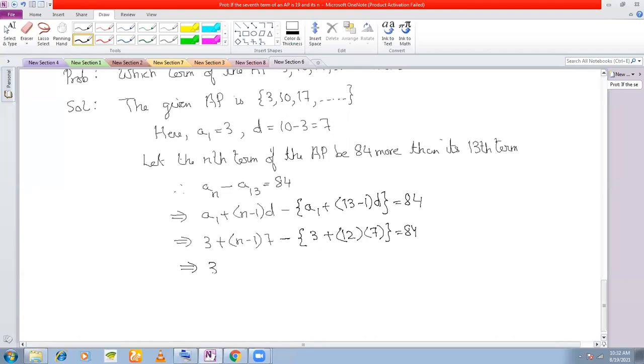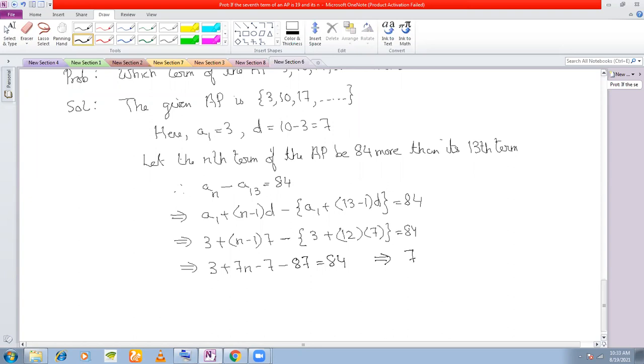So this gives you 3 plus 7n minus 7 minus 12 into 7 is 84. 84 plus 3 is 87. Let's write it as 87 here. Is equal to 84. Now you are getting a linear equation in n, which you can obviously solve.